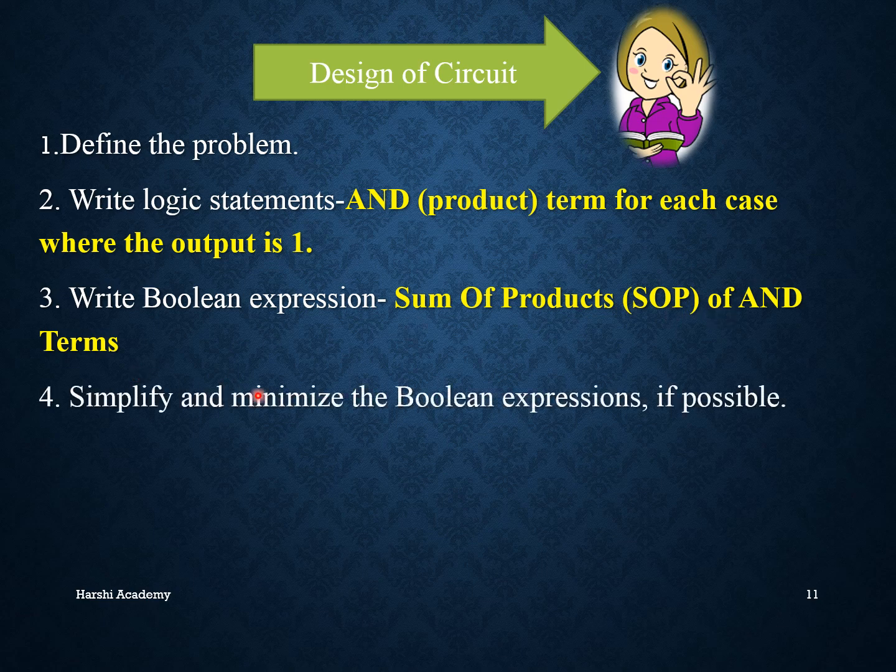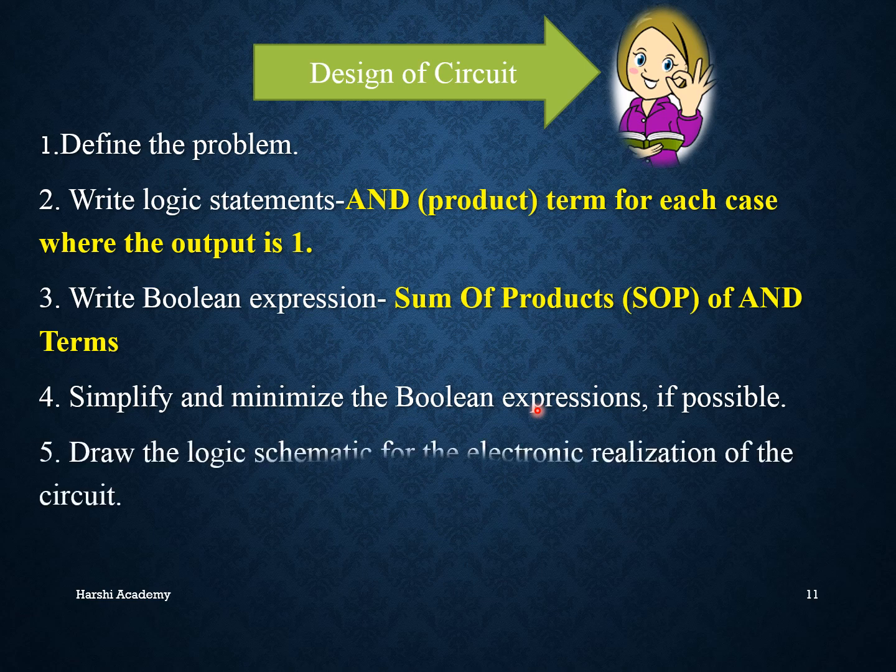Then simplify and minimize the Boolean expression if possible. This is done using the knowledge you learned in lecture 2. Then draw the logic schematic for the electronic realization of the circuit. Last one, implement the circuits. This is not necessary, but you should draw the logic schematic.